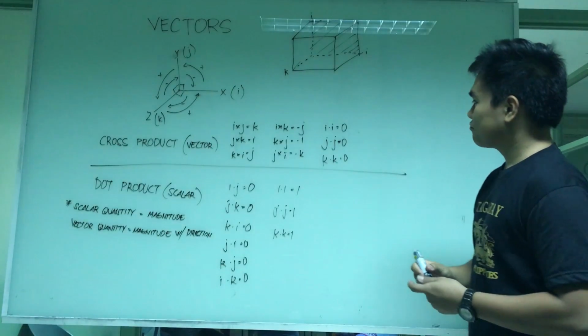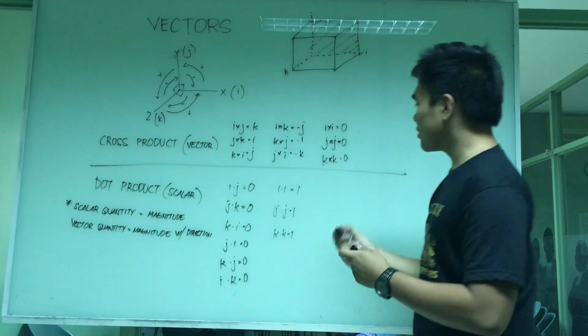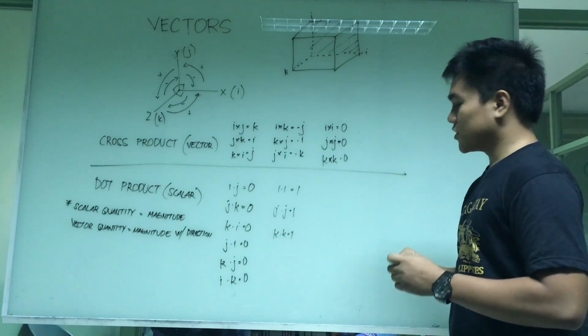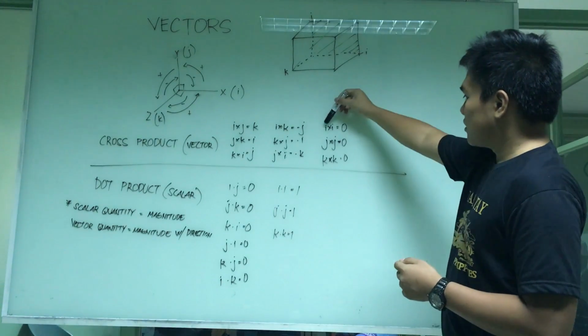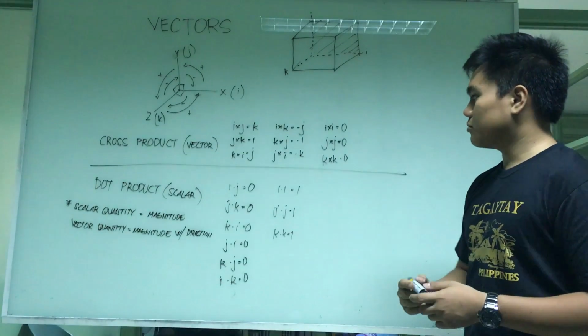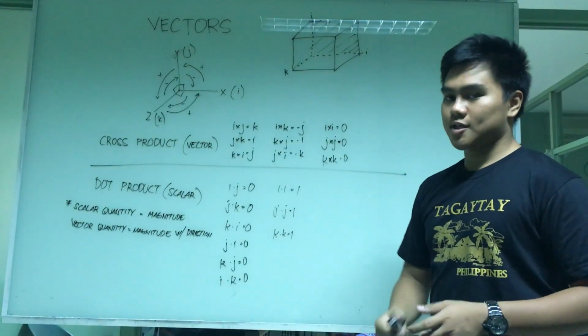Now, if we get the cross products of the same direction, we'll always have zero. So i cross i will be 0, j cross j will be 0, and k cross k will be 0. So that's the configurations for the cross product.